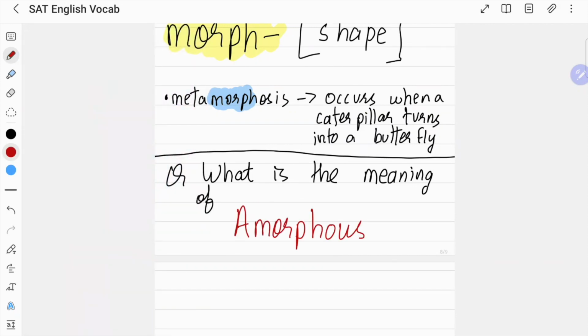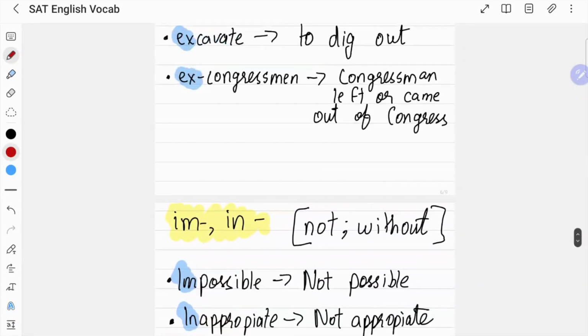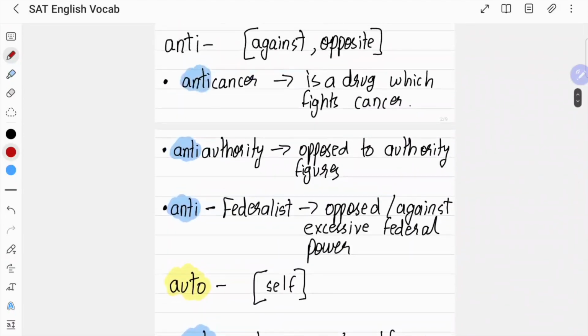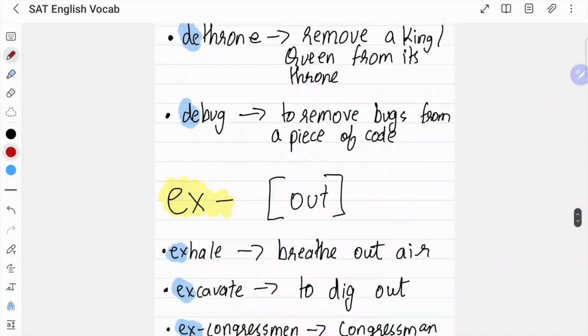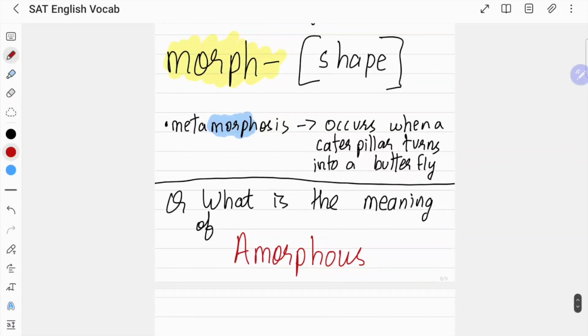Amorphous. You can pause the video to think about it. Make sure you understand the concept of morph as well as the beginning one, which was a. So remember the meaning of a and the meaning of morph, and accordingly answer this question. You can pause the video for some time and think about the answer.